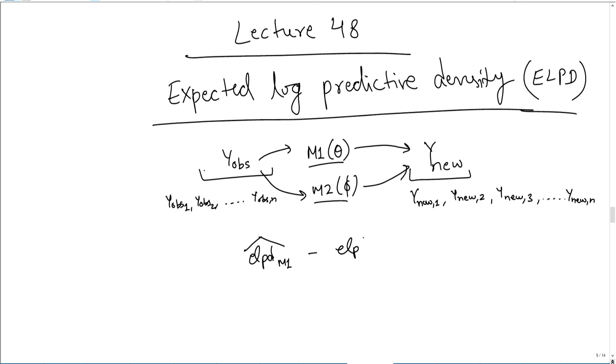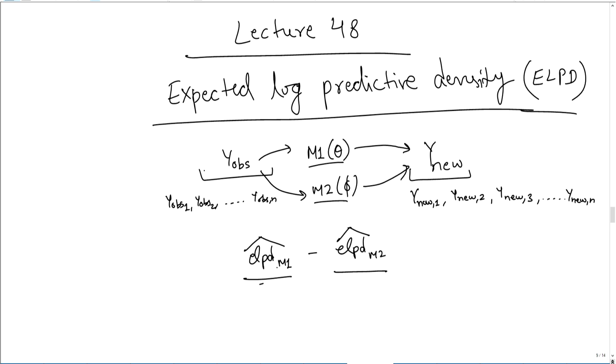Similarly, you will calculate ELPD for model M2. That's why I'm representing it with a hat, because it's the estimate of expected log predictive density. Their difference will tell you how good model M1 is compared to model M2 in terms of predictive accuracy.